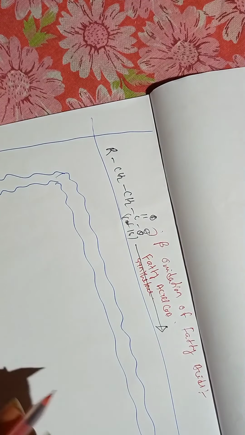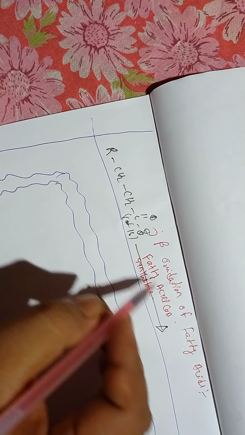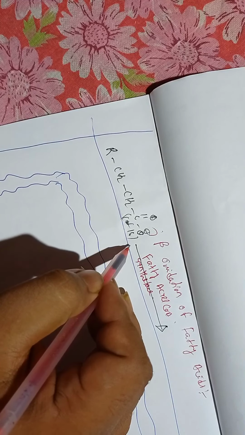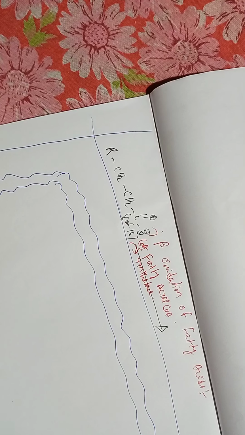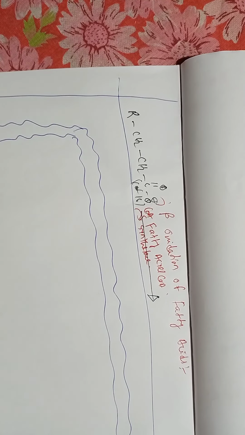By hearing the name we can see that one CoA group will be added here, and we have to utilize one molecule of ATP. That means we have to spend energy here.